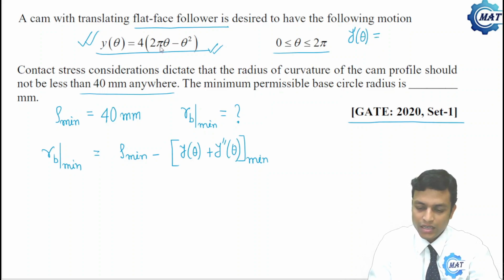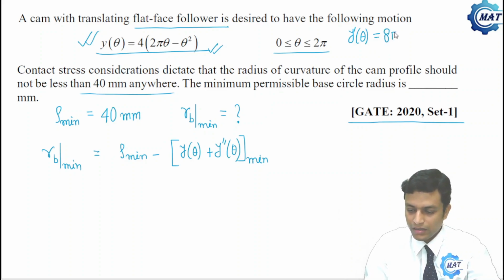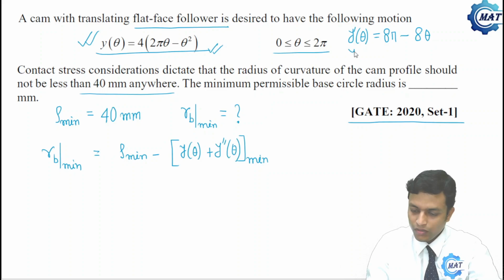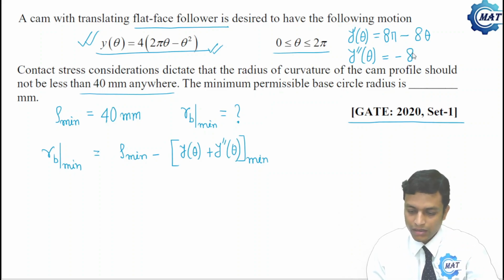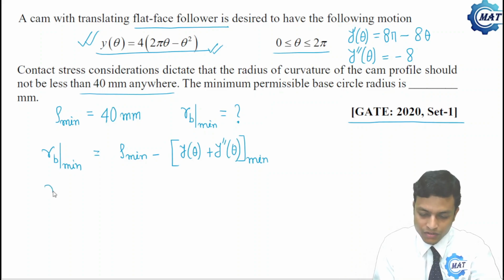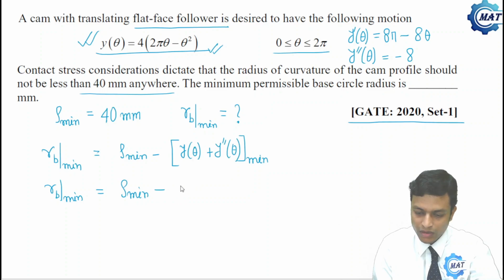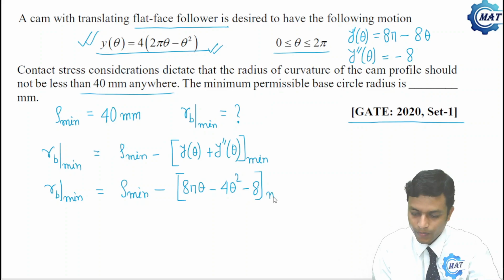Y prime theta is 8 pi theta minus 4 theta square, and y double prime theta is minus 8. So we can write RB min is rho min minus the minimum of 8 pi theta minus 4 theta square minus 8. Y double prime theta is a constant.